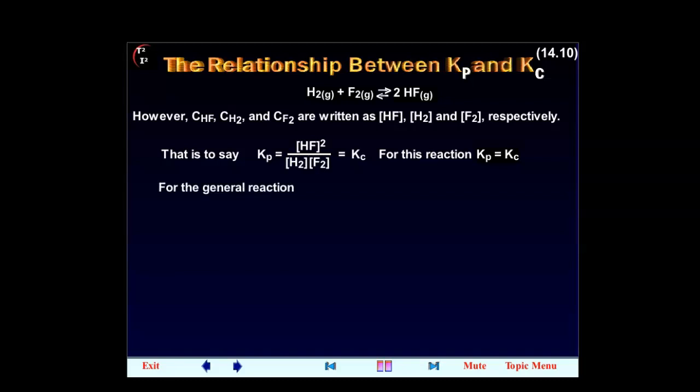For the general reaction, K sub P is equal to K sub C times the quantity RT to the power delta N. So this is very crucial for you to memorize.